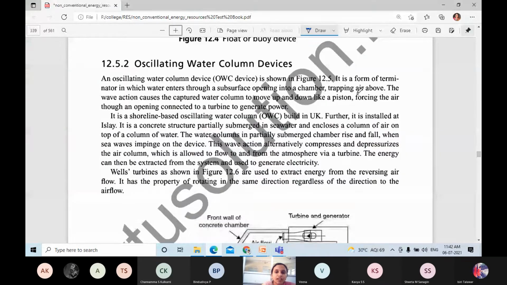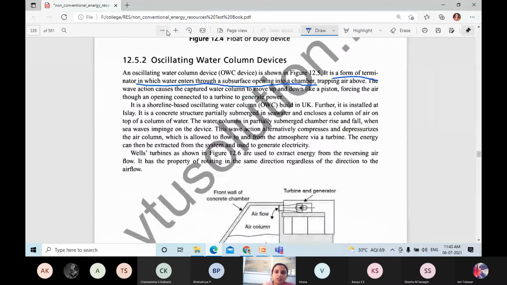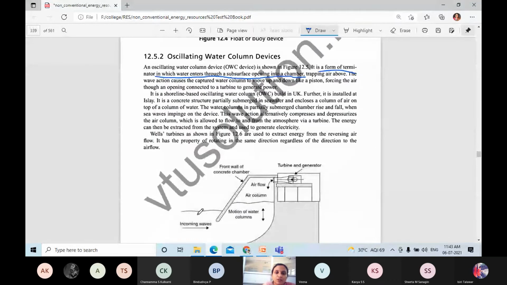First, it is a form of terminator in which water enters through a subsurface opening into a chamber. First water enters the chamber. Next, trapping air above.